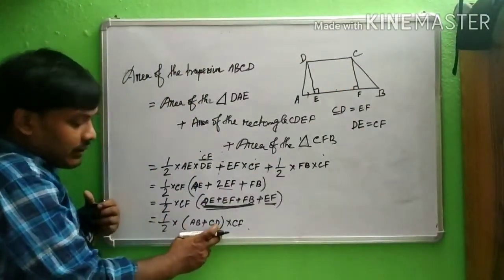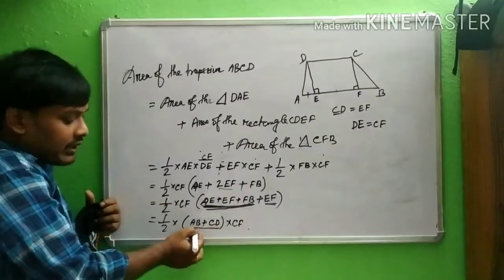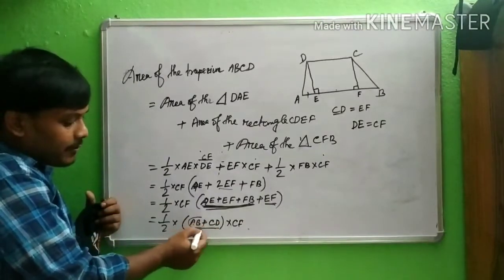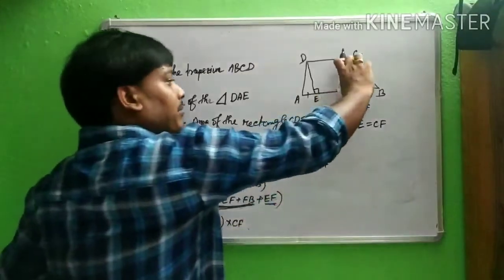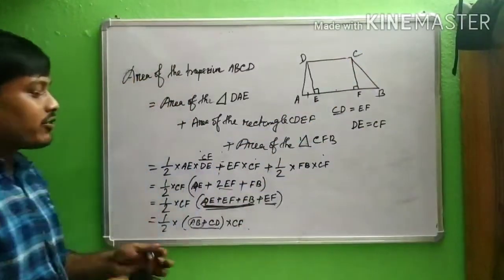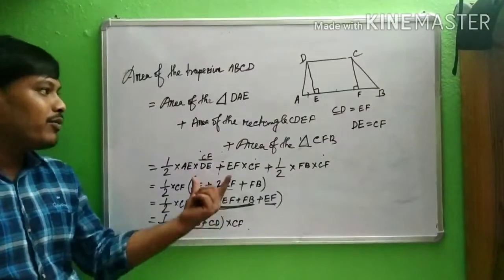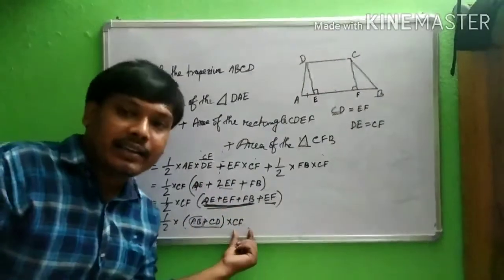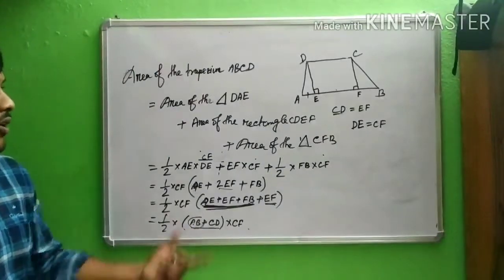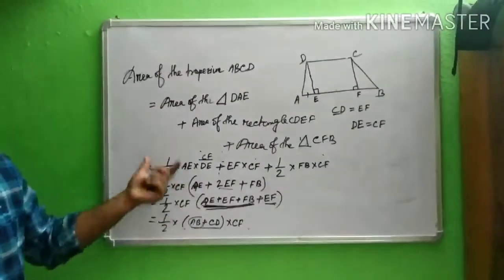So the value of these two is the sum of parallel sides. Okay, so half into sum of parallel sides, and CF means height of the trapezium. That's why we write the formula half into sum of parallel sides into height. It is the formula of a trapezium, and it is the explanation.